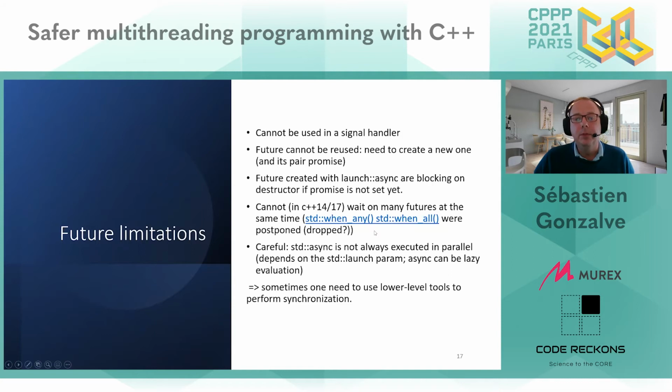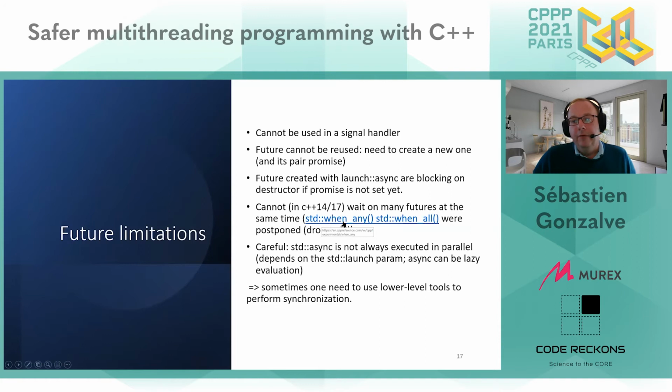And mainly, the biggest problem, in my opinion, is the fact that you cannot wait on many futures at a time. It was more or less planned to come as std::when_any and std::when_all in C++20 at a certain time, and it was dropped because people in the committee decided to go to a higher level of abstraction to perform those many waits.